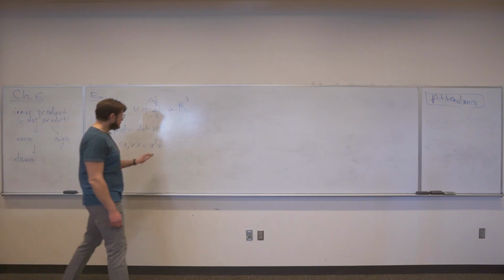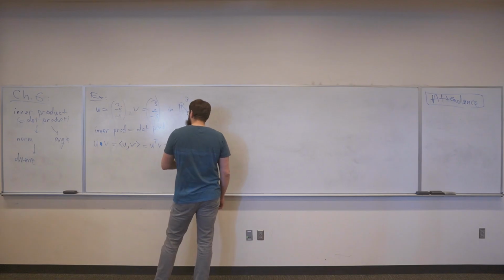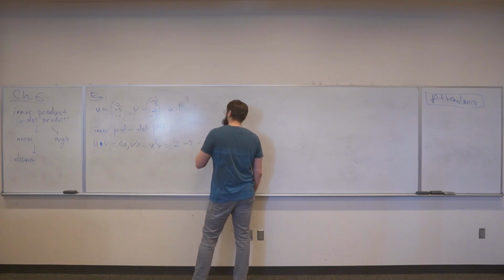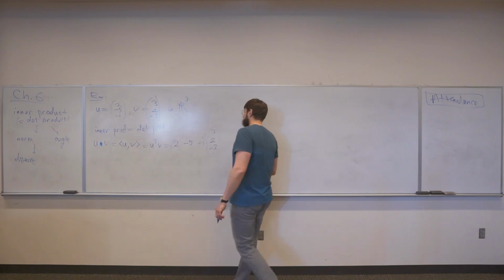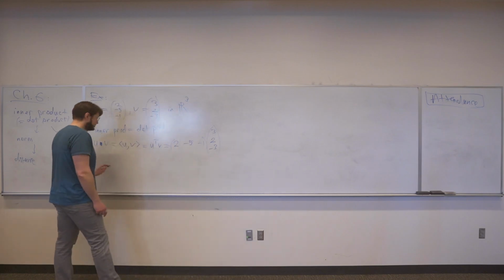So let's compute this. This is [2, -5, -1] times [3, 2, -3]. Okay? So you do this matrix multiplication.